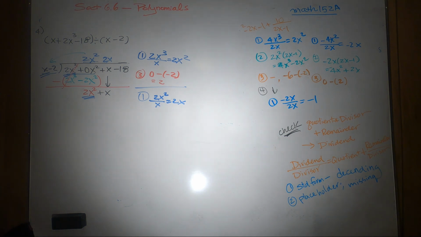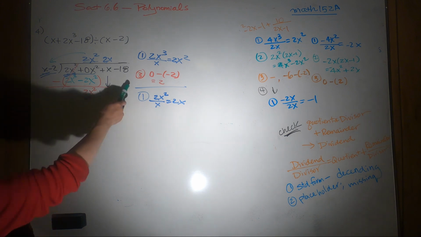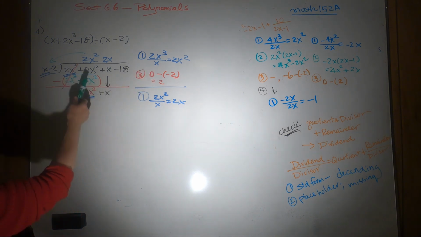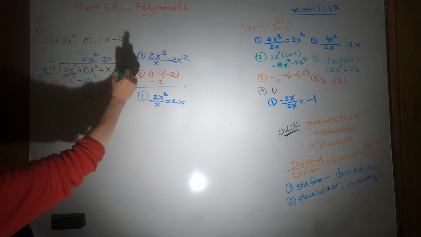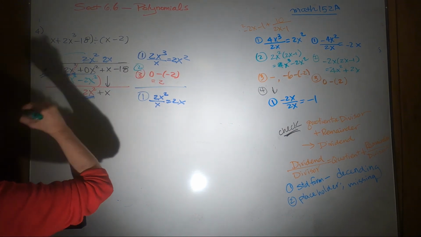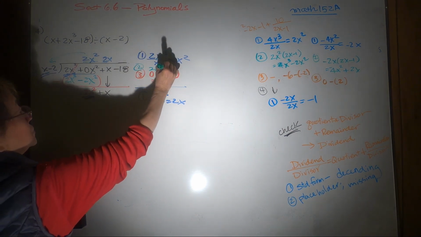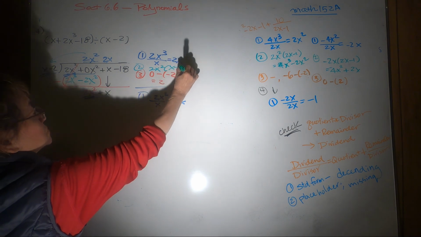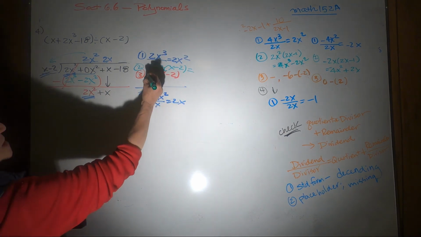Oops, I was checking my typos. It's so easy to make typos, because once you make a typo, everything that follows will be wrong. What happened? Because I didn't write it down. I missed a step, 2x squared times x minus 2. You better write it down so less mistakes.